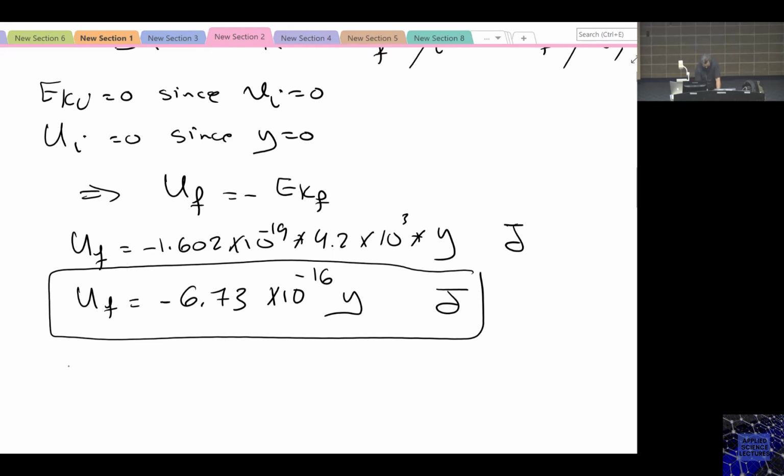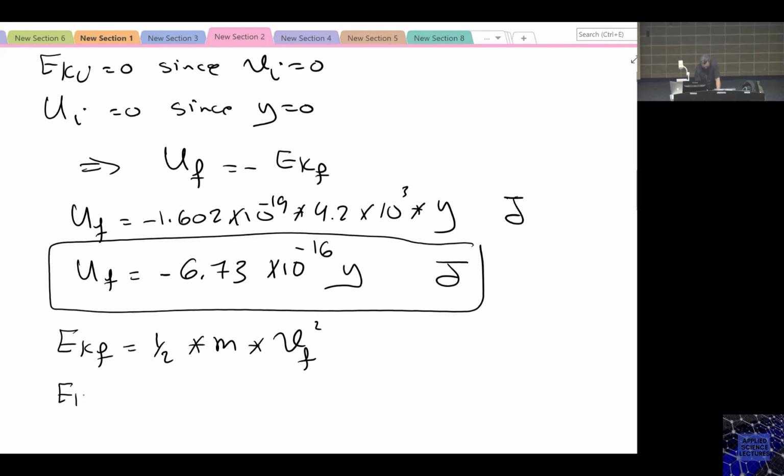What about EKF? EKF is half m VF squared. EKF is half times 9.11 × 10^-31 and 6.9 × 10^6 squared.